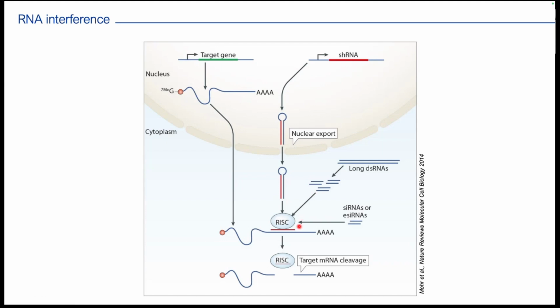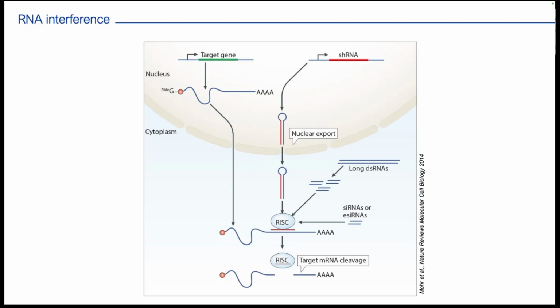Again, our messenger RNA is cleaved. You cleave the message, you don't have protein. This is how siRNAs work, right? You see here esiRNAs. esiRNAs are enzymatically produced siRNAs. And you can consider them as very high complexity pools.